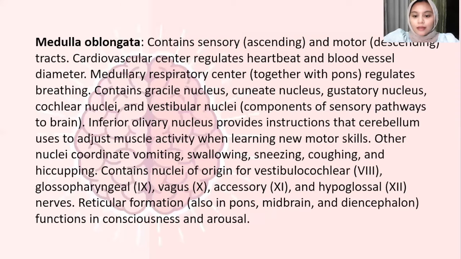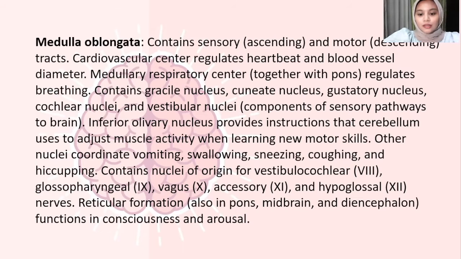The gracile nucleus and cuneate nucleus are nuclei at the right and left, associated with the sensation of touch, pressure, vibration, and conscious proprioception, located in the posterior part of the medulla.